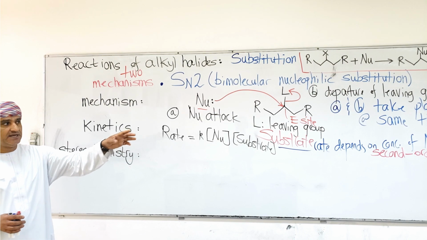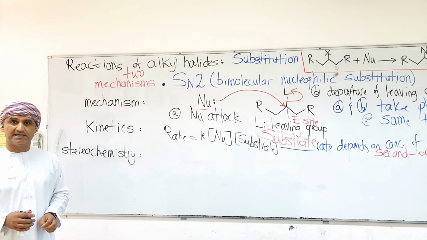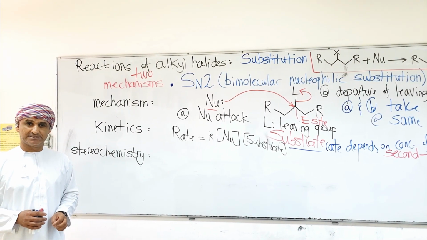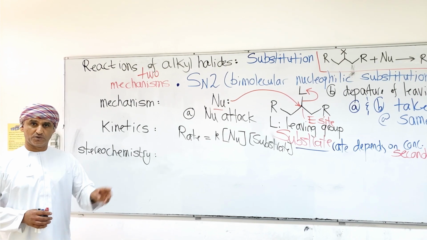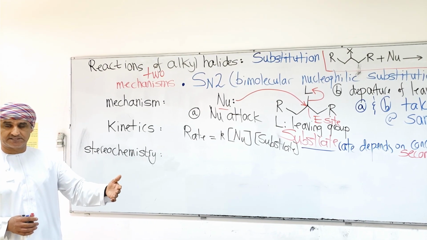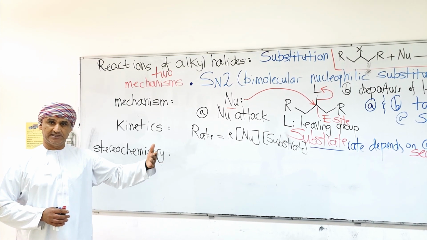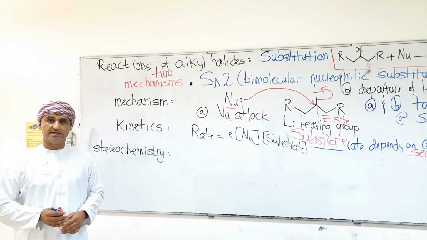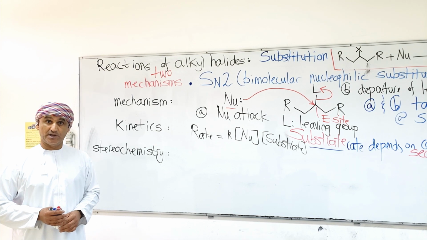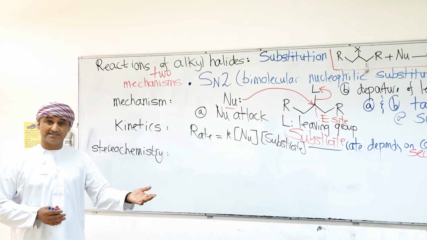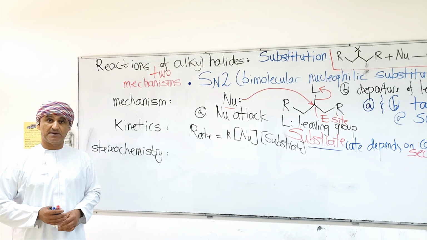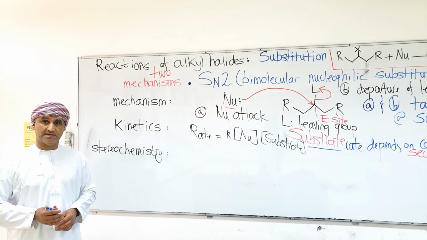On the other hand, the kinetics of the SN1 mechanism is first order. The departure of the leaving group takes place first, and then the nucleophilic attack occurs, so the rate depends only on the reacting substrate.